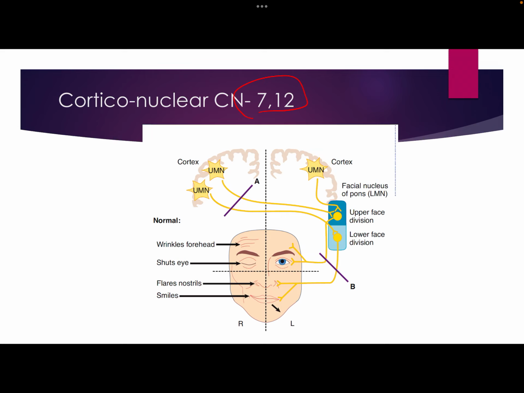Cranial nerve 7 is the facial nerve and cranial nerve 12 is the hypoglossal nerve. The problem is that the facial nerve nucleus has two parts: the one which innervates the upper part of the face and the one that innervates the lower part of the face.